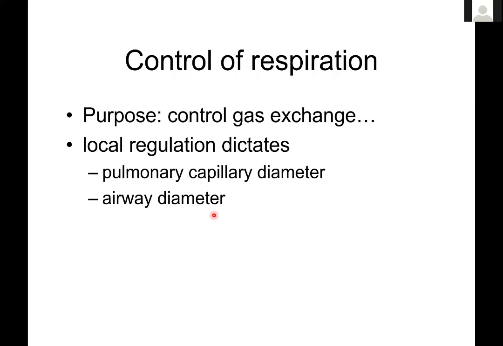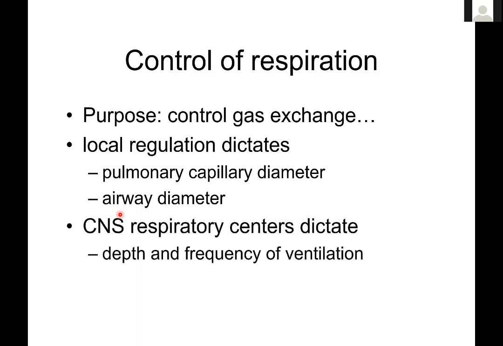So the faster the metabolism in the capillary bed, the wider the arteriolar diameter gets. Same is true of airway. So if I'm going to increase my respiration rate, let's say I'm exercising, exercise activates the sympathetic nervous system, and sympathetic innervation of the airway causes bronchodilation, which makes my airway wider and easier to deliver air to my lungs.